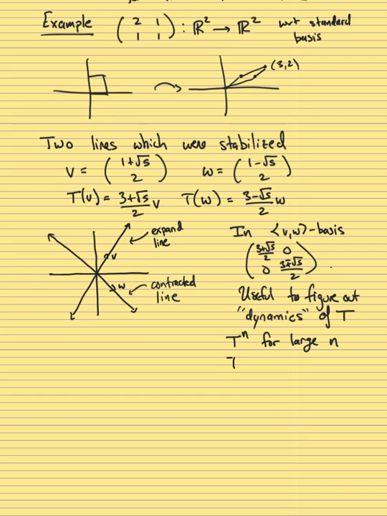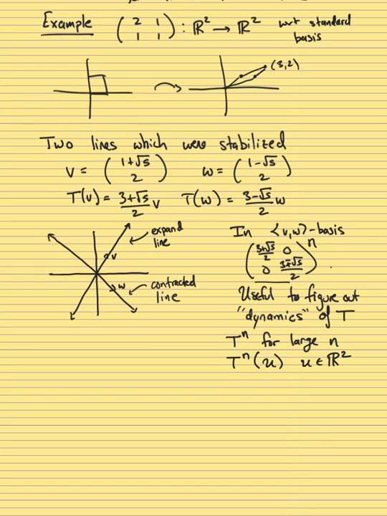So we want to look at something like T to the n of u, for now u in R2. For one thing, this is useful to take nth powers, because if I take the nth power of a matrix in diagonal form, I'm just taking the nth power of each individual term, so it's easy to compute.